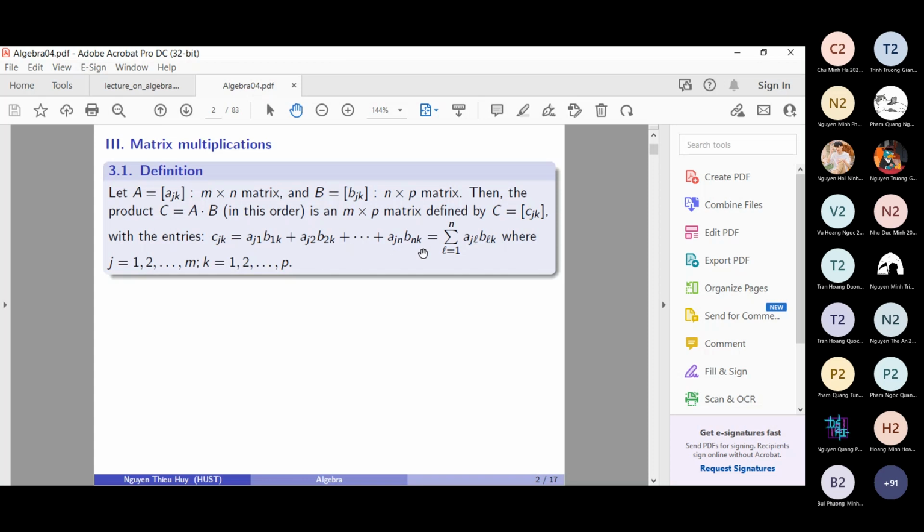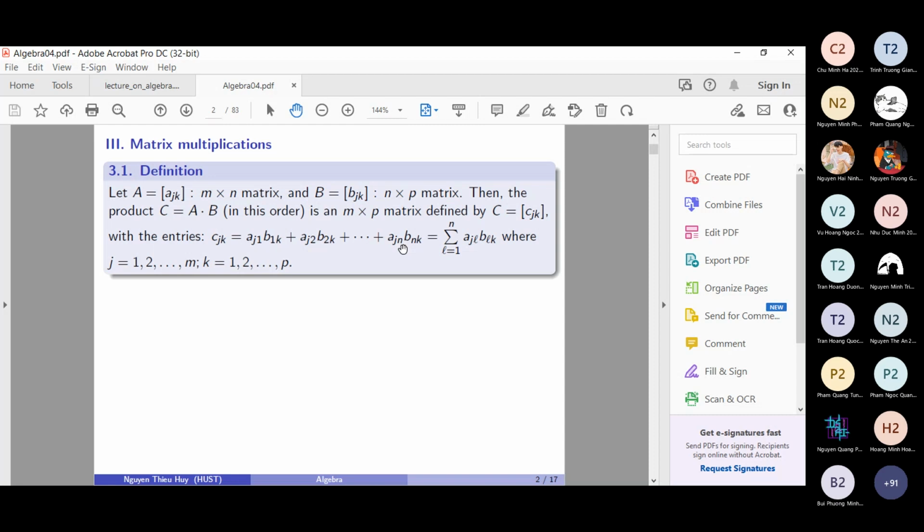This indicates that B_1k, B_2k, until B_nk are entries on the k-th column. So C_jk means that we multiply the j-th row of A with the k-th column of B. Therefore we need exactly n entries on the j-th row of A: A_j1, A_j2, until A_jn.